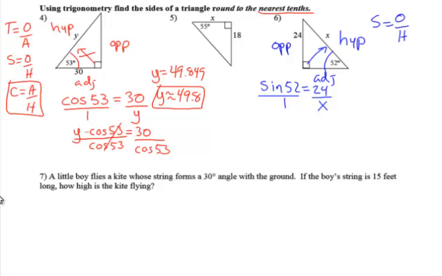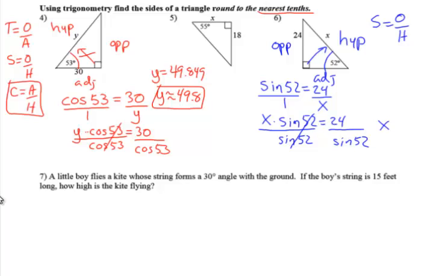Now, here we go again. We're going to do our cross product. So x times the sine of 52 equals 24. They're connected by multiplication. To undo it, we do division. Whatever you do to one side, do to the other. Okay?